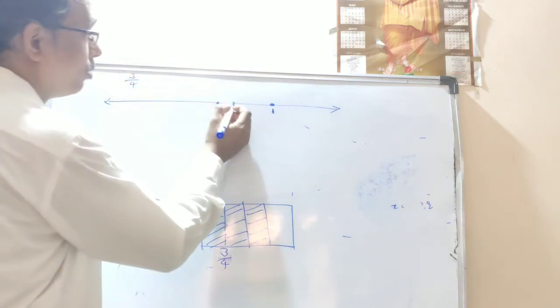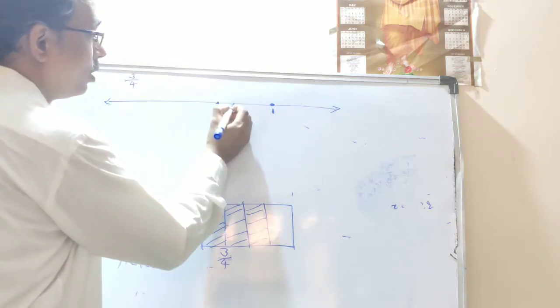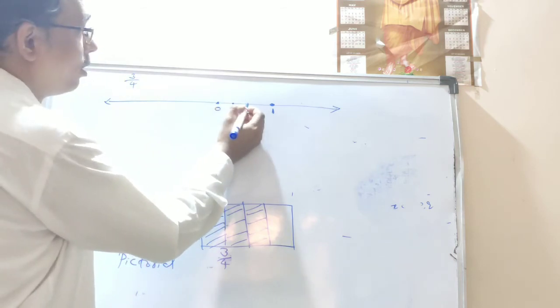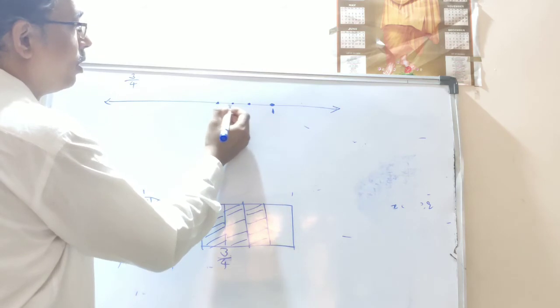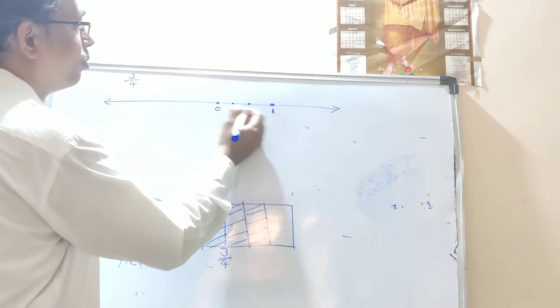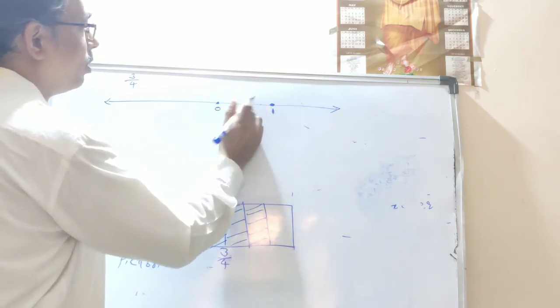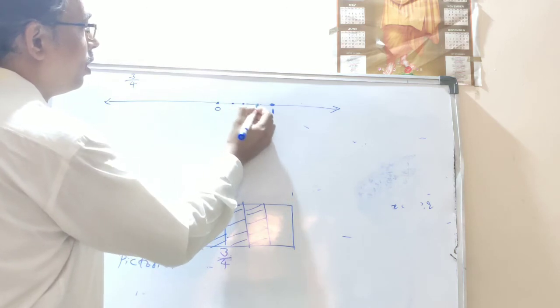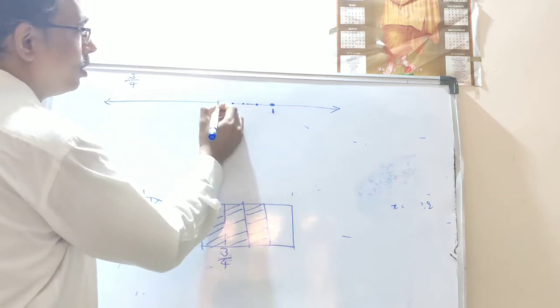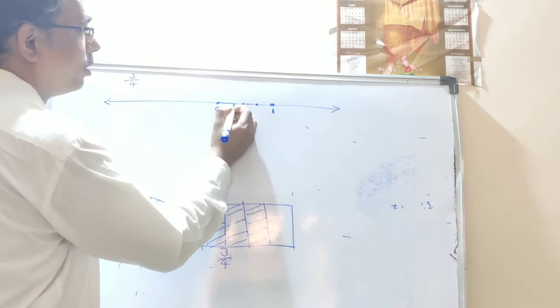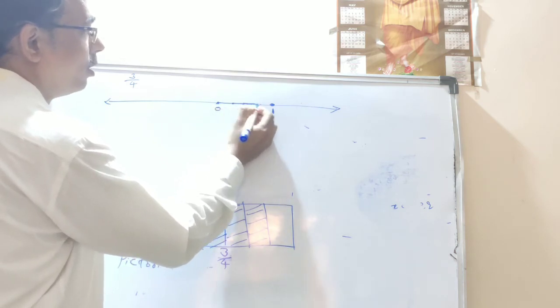That means we have to keep equidistant points: 1, 2, 3, like this, from here to here and here to here.